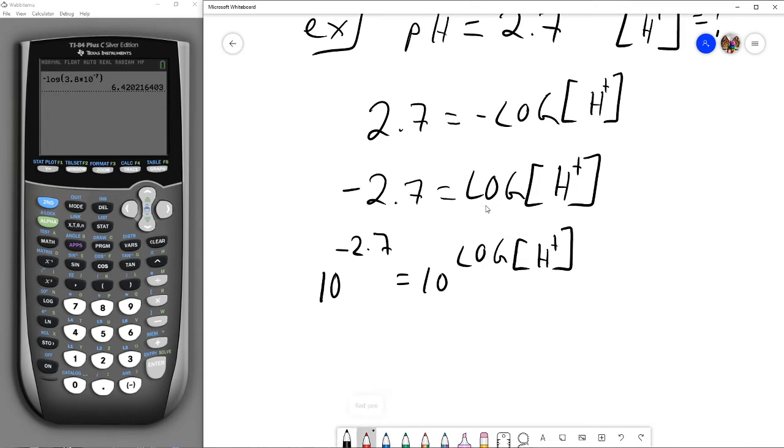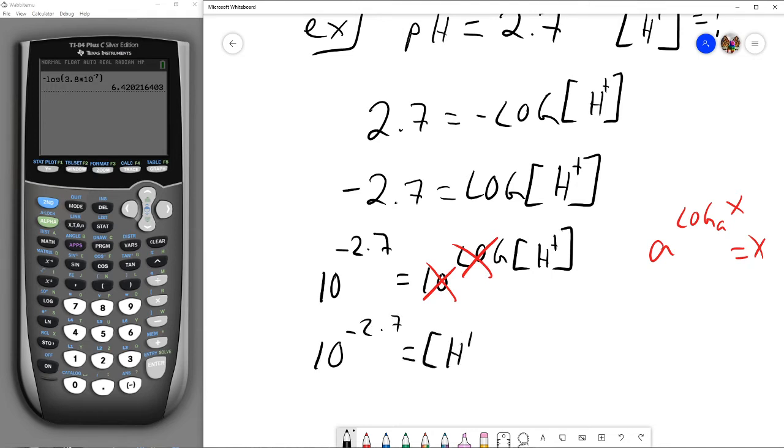And then we want to recall the fact that if you have a to the log base a of x, this is going to equal x. So by our property, these cancel each other, leaving you with 10 to the negative 2.7 equaling our concentration of hydrogen ions.